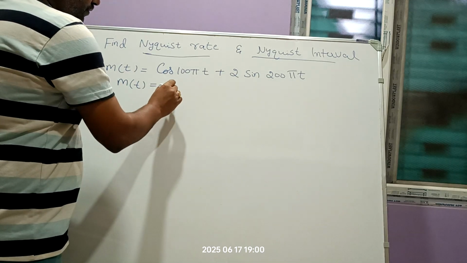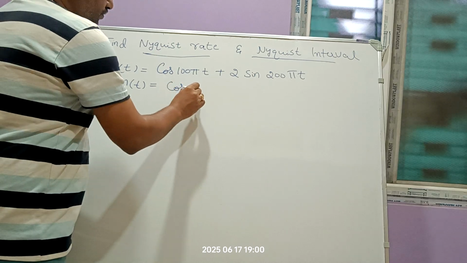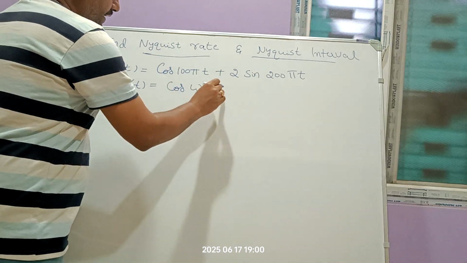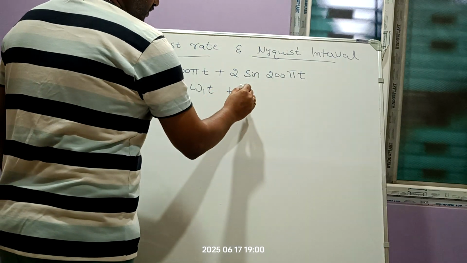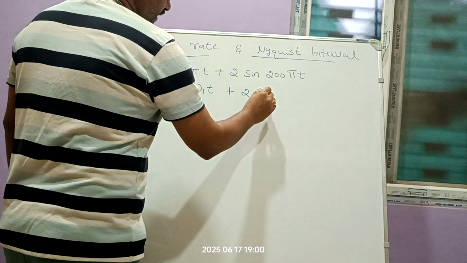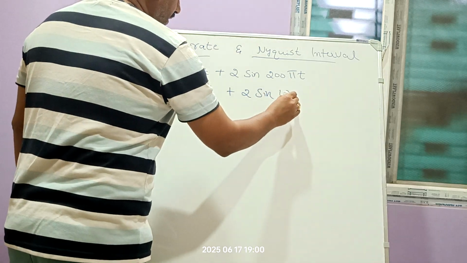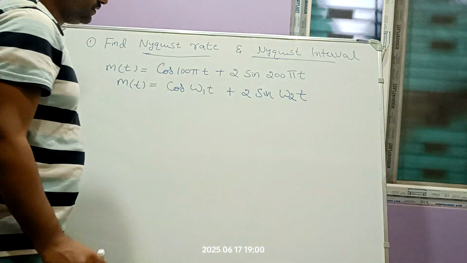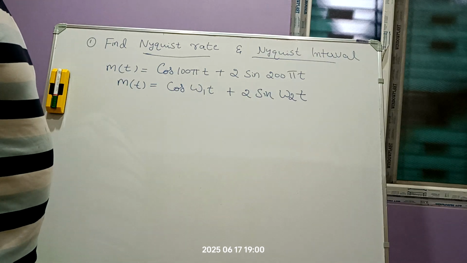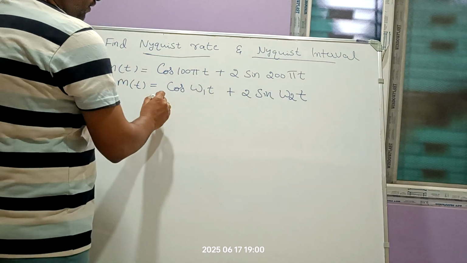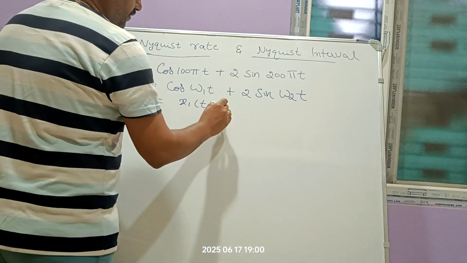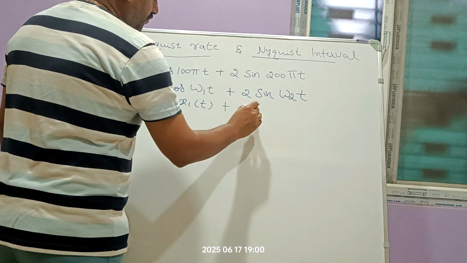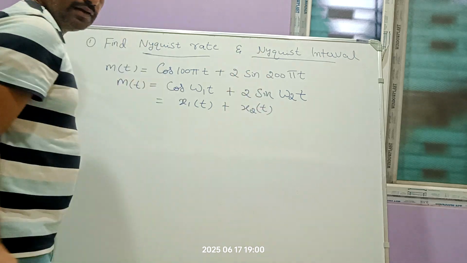m of t is equal to cos omega t, and here it is 2 sine omega t, like this, right? So here we can call this x1 of t, and this x2 of t, right?